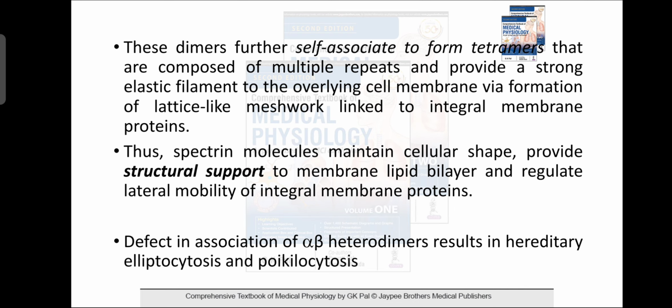The spectrin molecules maintain the cellular shape, provide structural support to the membrane lipid bilayer, and regulate the lateral mobility of integral membrane proteins. So defects in the association of alpha-beta heterodimers result in ellipsocytosis and poikilocytosis.